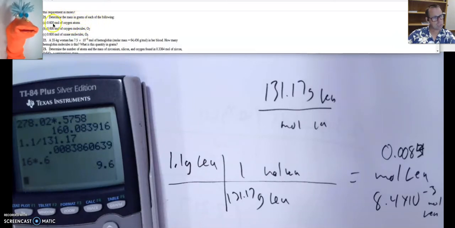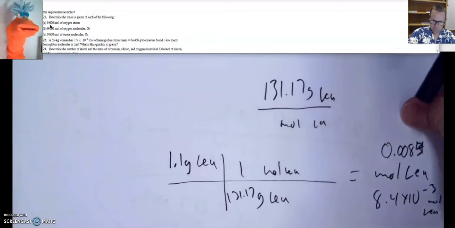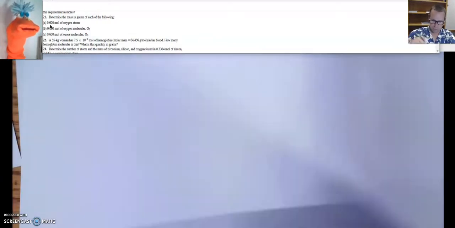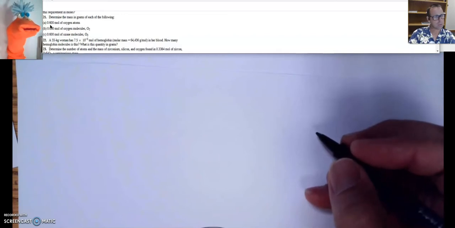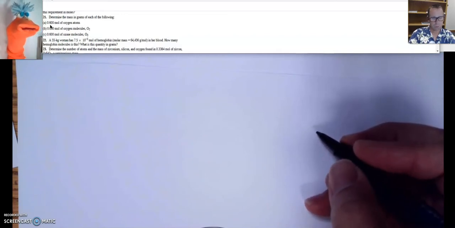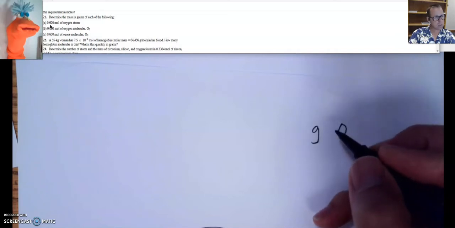You would take this moles, so again, back to what we're doing all the time here. I would like to know how many grams of oxygen there are.